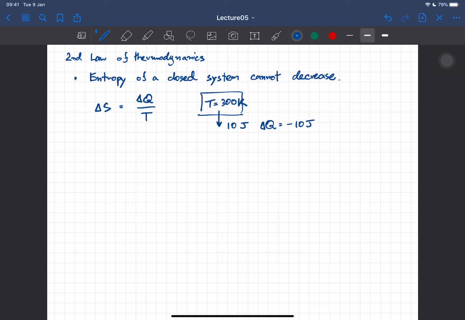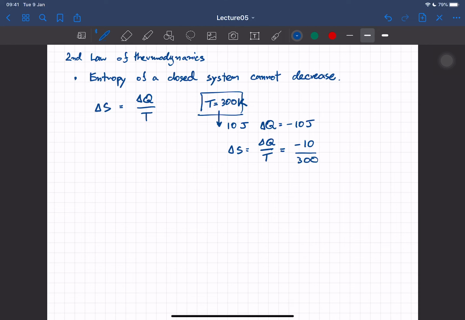Q or delta Q doesn't matter much in this case. So delta S is just delta Q divided by T. In this case, it's going to be minus 10, because you lose heat, from the point of view of the heat bath, divided by the temperature, which is 300.